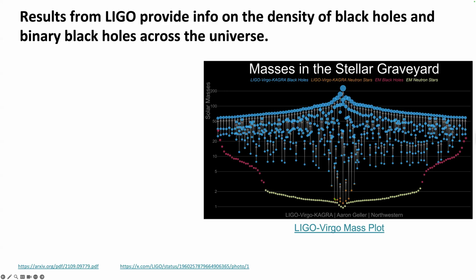So if you get an orange dot here that merges, these are about the mass of the sun. They produce a low mass blue dot, which is a black hole. And you see blue dots merging to produce another more massive black hole.